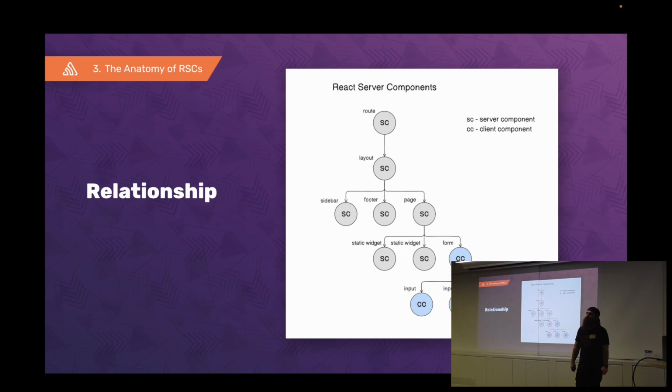Context is a different beast in this case, and that is one of the methods where you're going to see server components inside client components through the children prop, because React context needs to live on the client, and you need to set that as a client component. Usually the context is defined at the lowest possible level where the components need to use it. Some of them are at the top of the page.